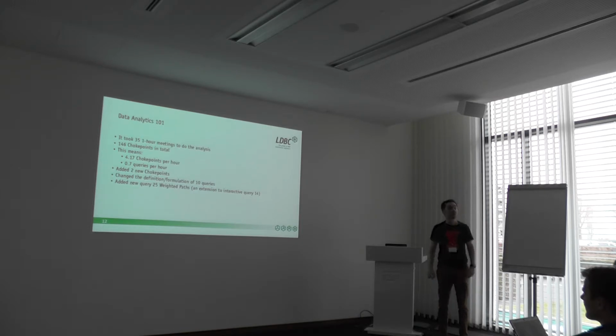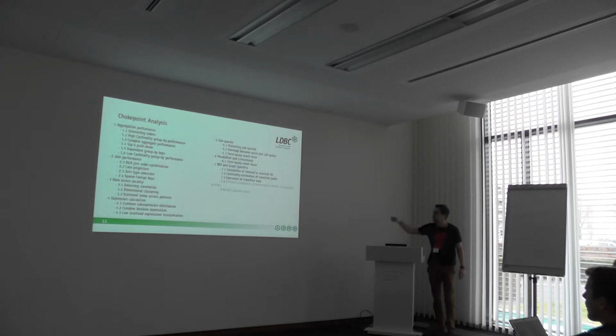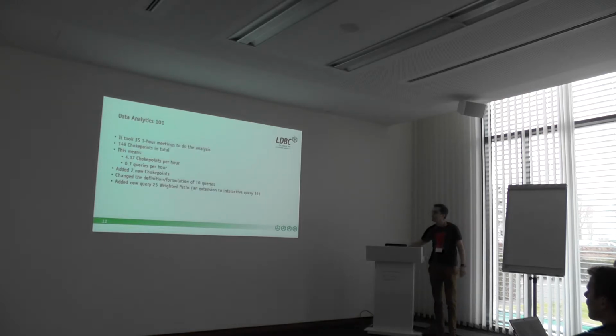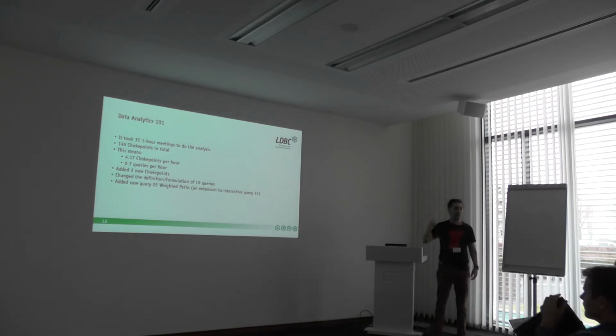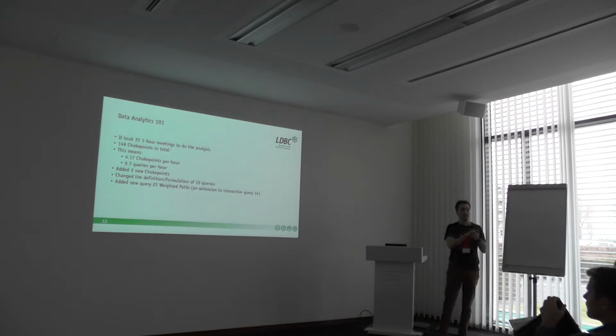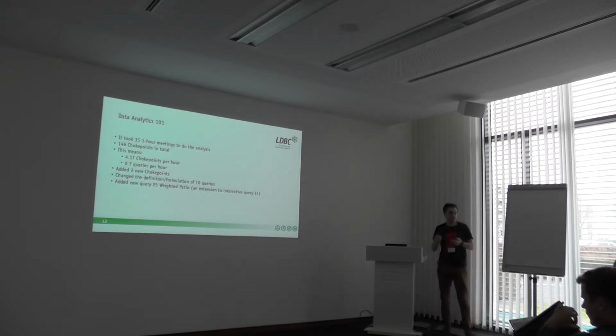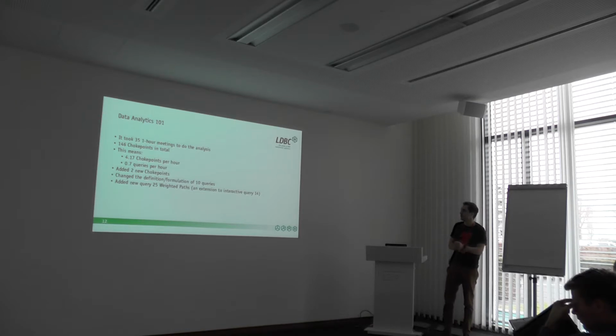In the process, we added 2 new choke points that were not present in the documents. Actually, those graphy choke points that are in green, the 7.4 and 7.5. We changed the definition and formulation of 10 queries, either by refining the wording or changing the query a little bit because we thought it was not complex enough.